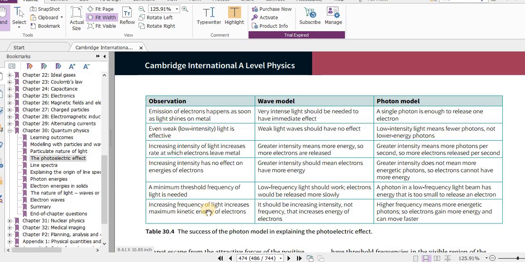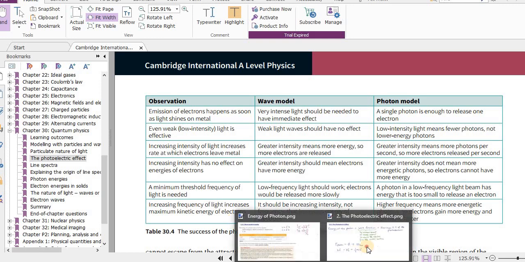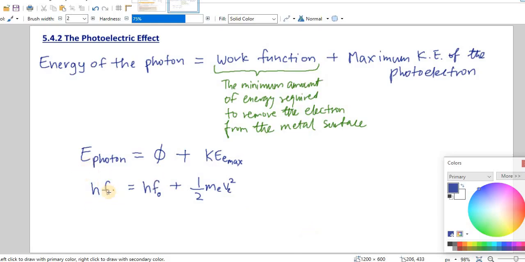Increasing the frequency of light increases the maximum kinetic energy of the electron. Looking at this, if the photons have a higher frequency, that means they have more energy. The work function is a fixed amount, fixed for a certain metal. That means the kinetic energy of the photoelectron will be greater.